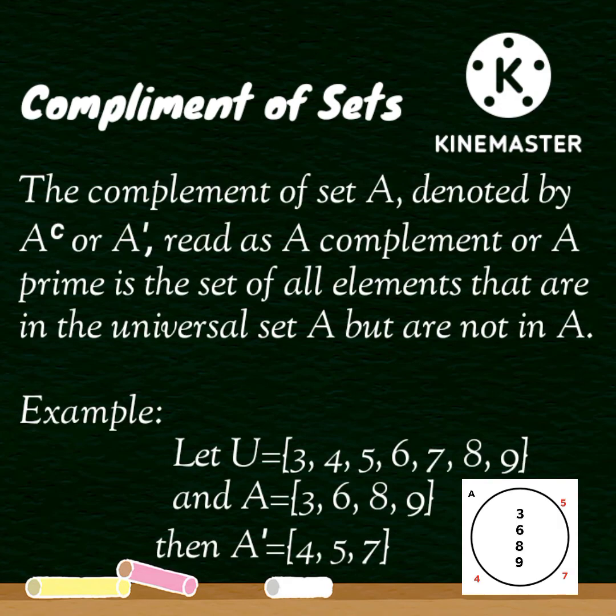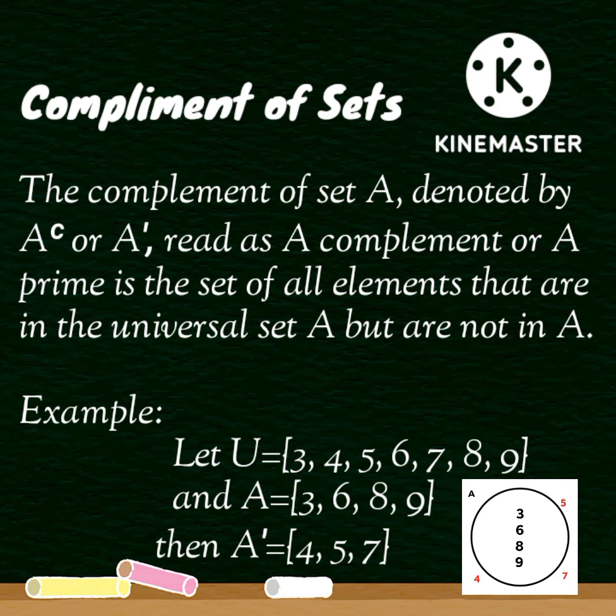Complement of sets. The complement of set A, denoted by A raised to the power of C, read as A complement or A prime, is the set of all elements that are in the universal set but are not in A. Example, the universal set has 3, 4, 5, 6, 7, 8, 9 and set A has 3, 6, 8, 9.